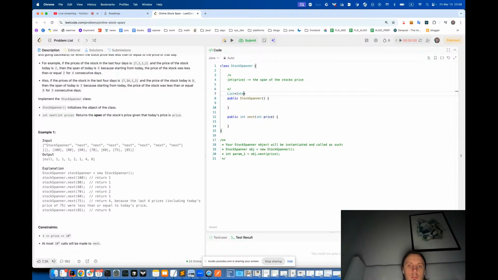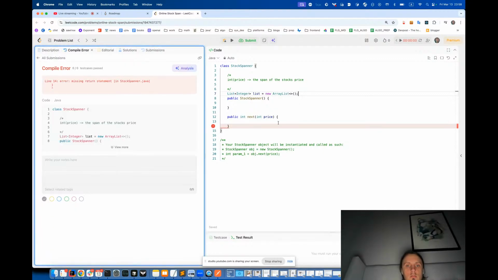A simple list of integers. And then for the next price, we can just have our index.